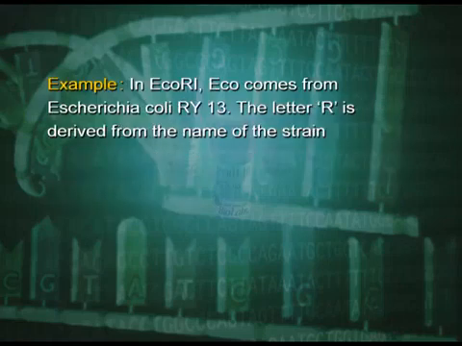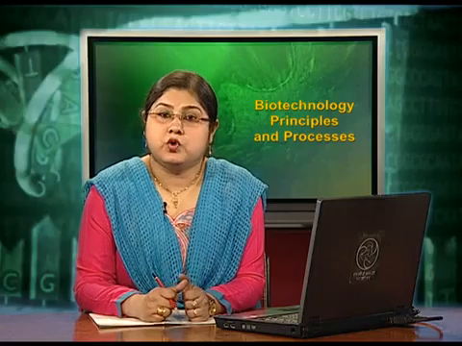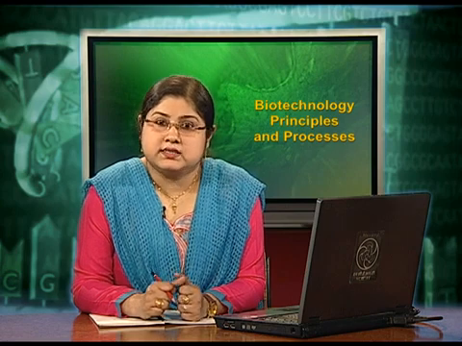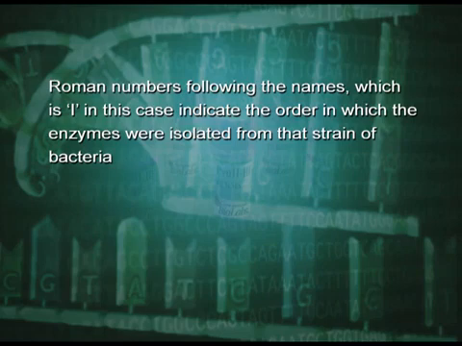For example, in EcoRI, Eco comes from Escherichia coli. The letter R is derived from the name of the strain RY13. Roman numbers following the names, which is I in this case, indicate the order in which the enzymes were isolated from the strain of bacteria.